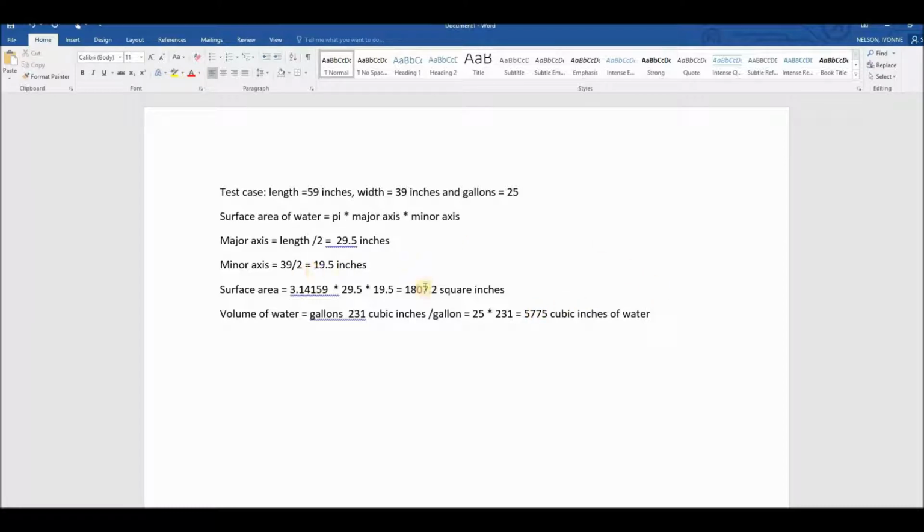Now, I know the surface area, it's 1807.2, and I want to know the depth. So the depth is going to be the volume divided by the surface area.